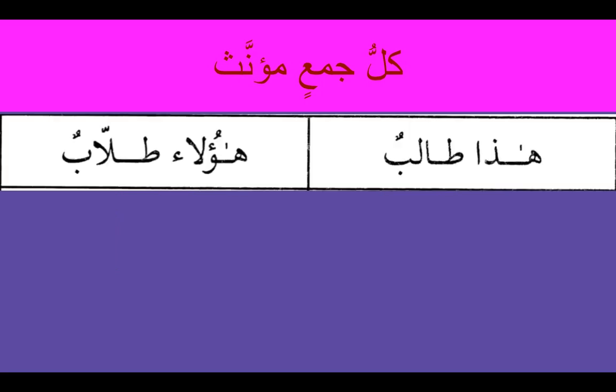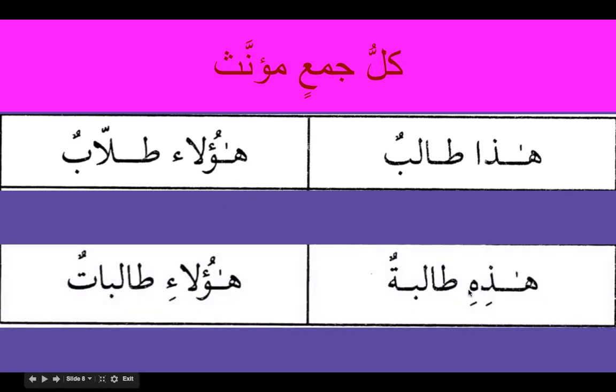It has to match, the mubtada and khabar have to match. We've learned this. For example, if it's hadi talibatun, we say haulai talibatun, because for both male and female we've got one demonstrative plural pronoun.